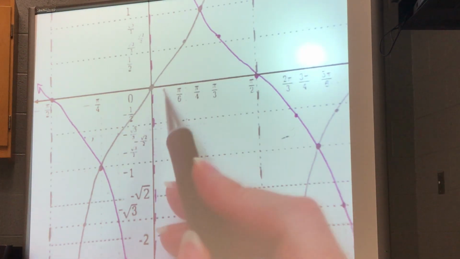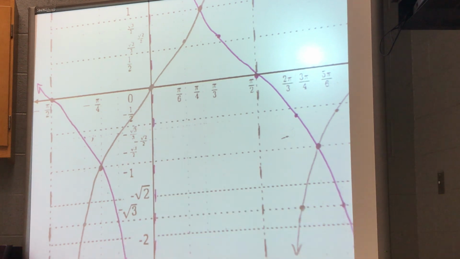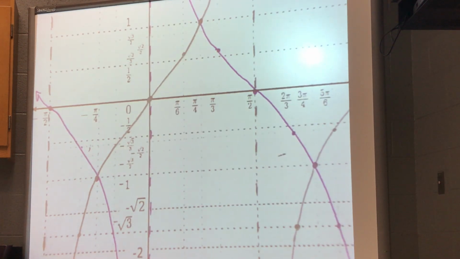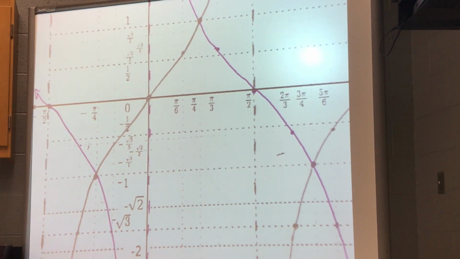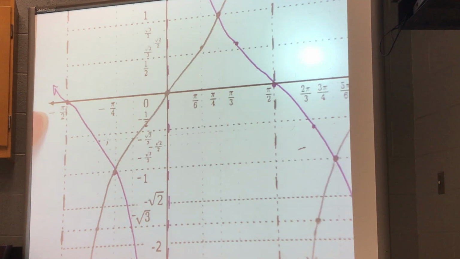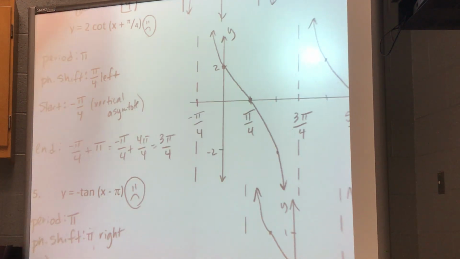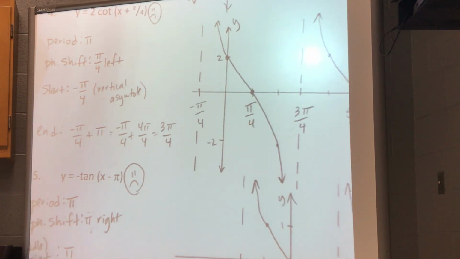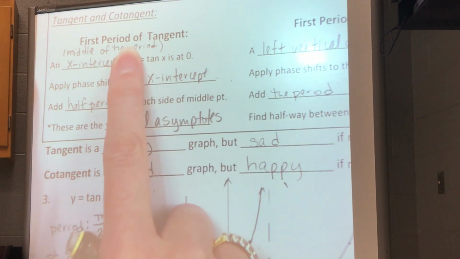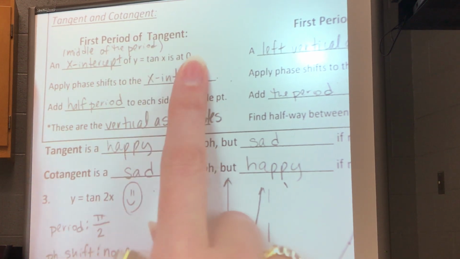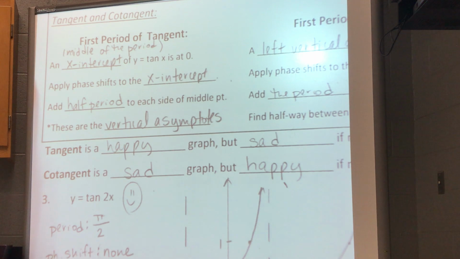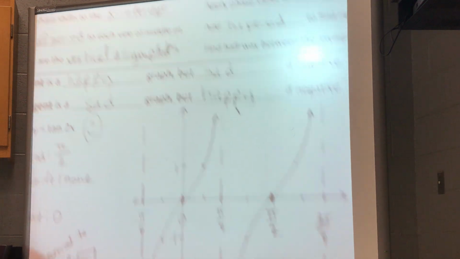For tangent, 0 is the x-intercept, so we have to use 0 in a different way. Tangent's the only one where on the original graph 0 is not the start of the period. The start of the period is actually at negative pi over 2. So 0 is just easier to use for the shifting. Go back, you can look at this. For the first period of tangent, the x-intercept, or the middle, is at 0, so we have to apply the phase shifts to the middle and not the starting. Alright, any other questions?